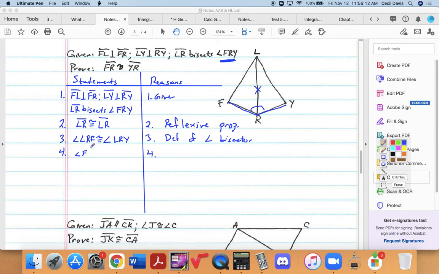Angle F and angle Y are right angles. What's the reason for that? Yeah, definition of perpendicular lines. Yes, Maisie. By what reason?